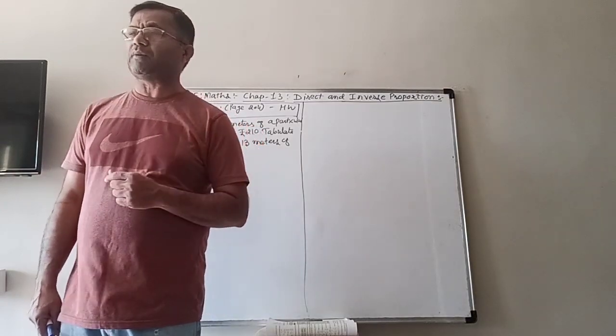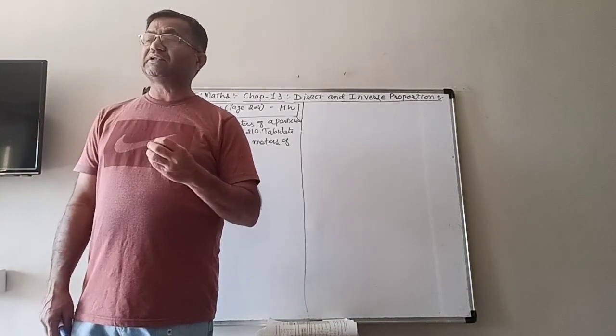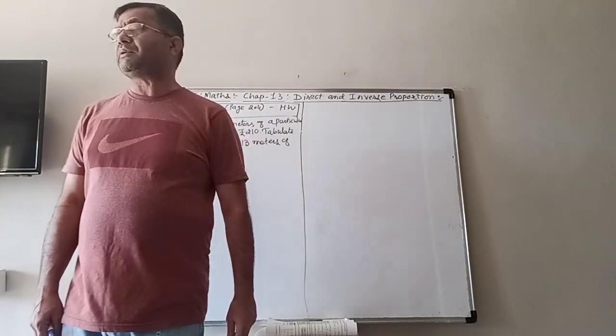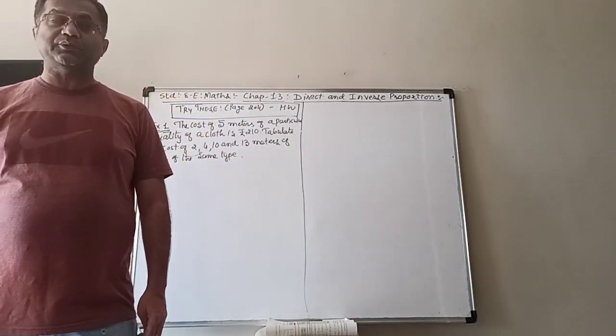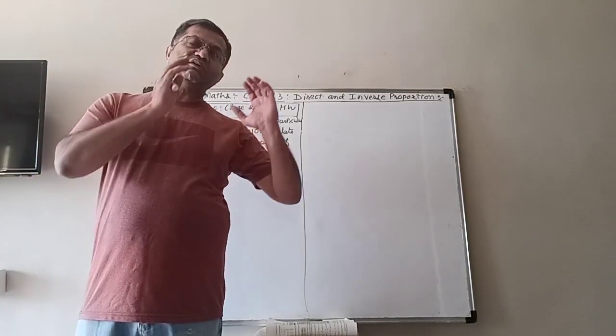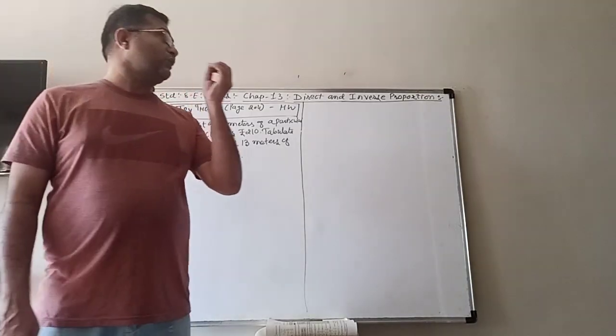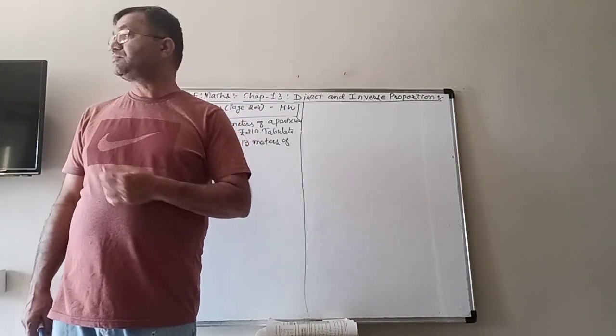There are two types of proportion or variation, the direct proportion and inverse proportion. About inverse proportion we will talk later. We already talked about the direct proportion.